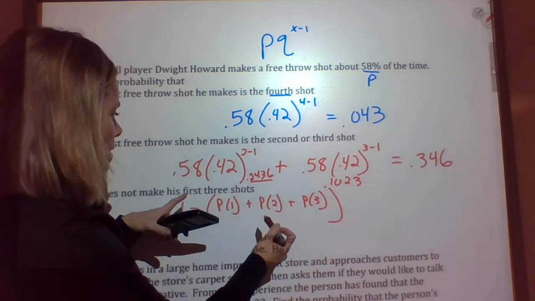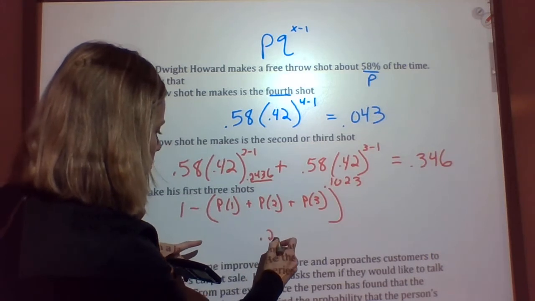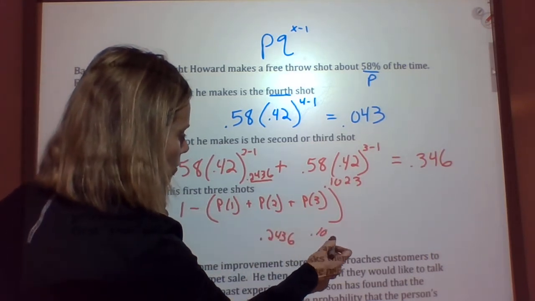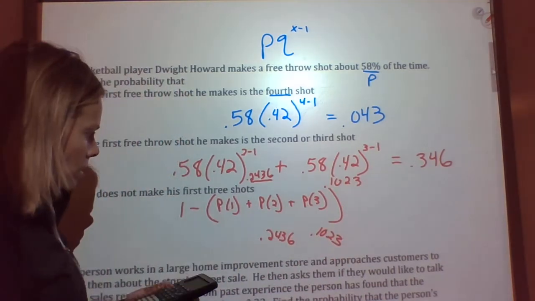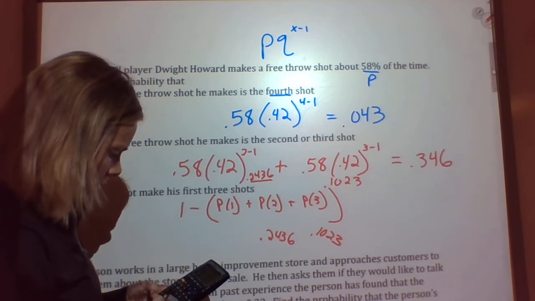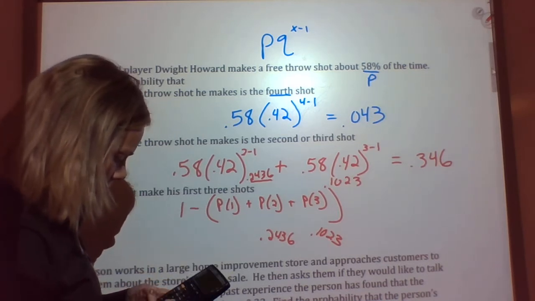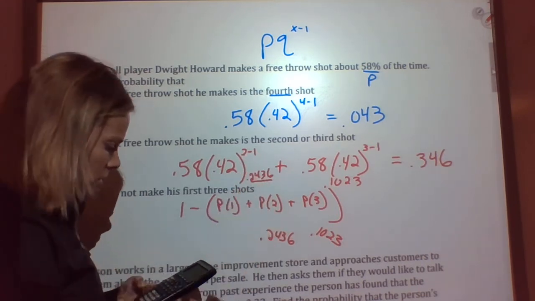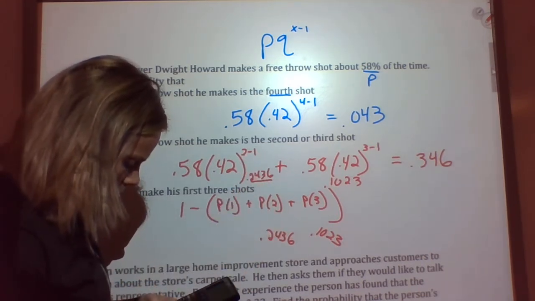Okay, so I already have this one, 0.2436. I already have this one, 0.1023. So then I just need 1. So 0.58 times 0.42 to the 1 minus 1, which is 0. Anything to 0 power is 1.